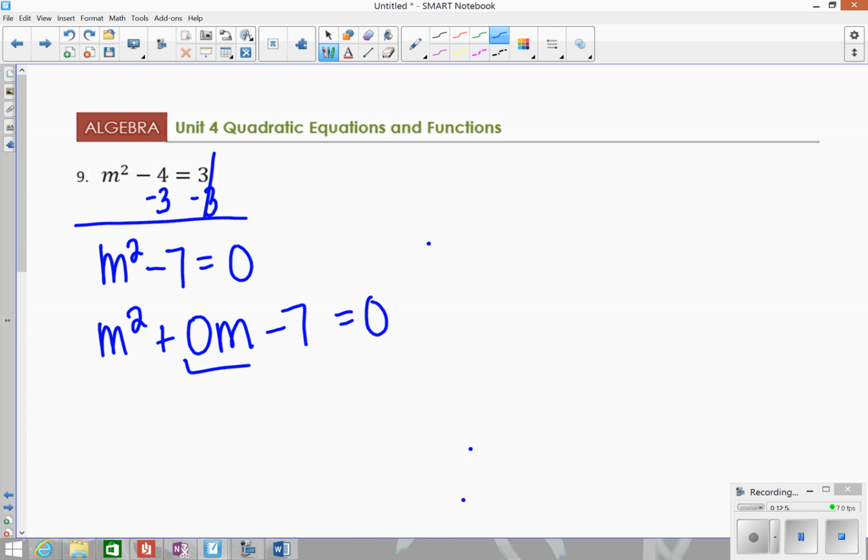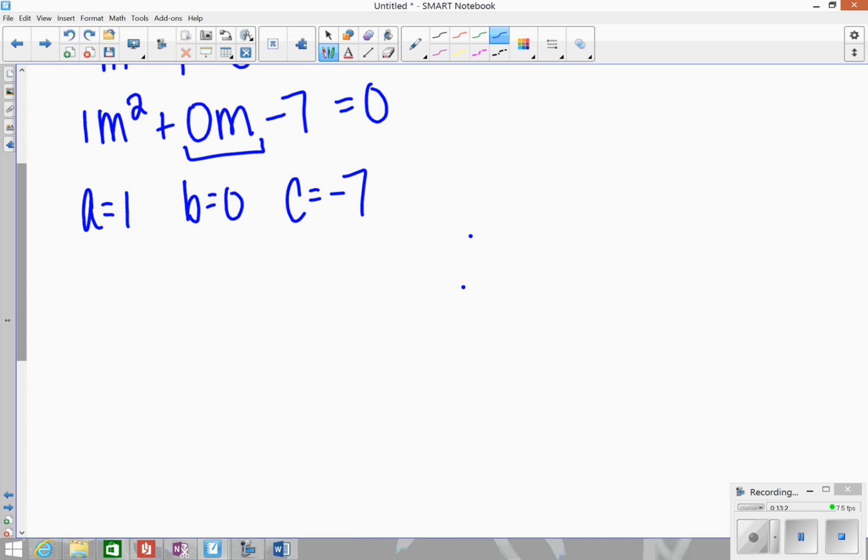We're missing this term here. So if we're missing it, it really means there's a 0 there, because 0 times m means 0, so it basically just cancels out. So your coefficient would be 0 there. So when we go to identify a, it's going to be 1, b is going to be 0 since we're missing the middle term, and c is going to be negative 7. So now when we go to set this up, write out our formula first.